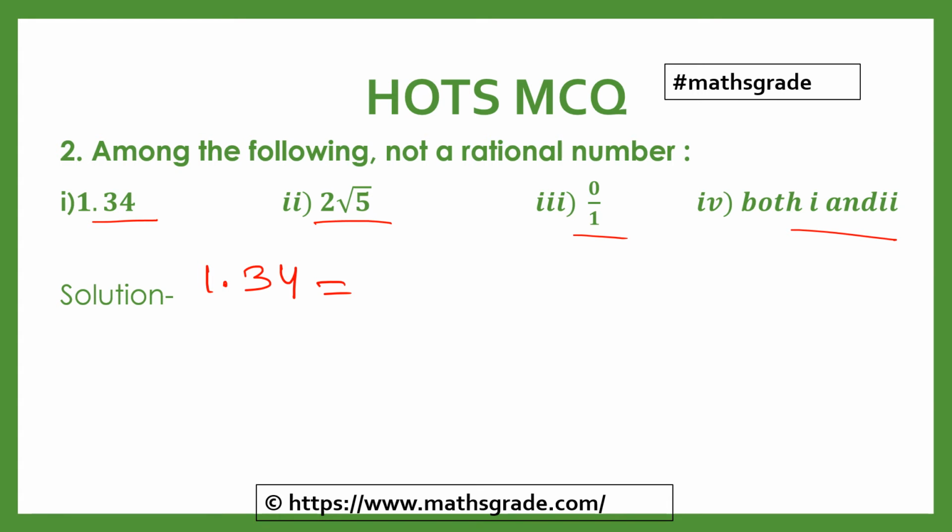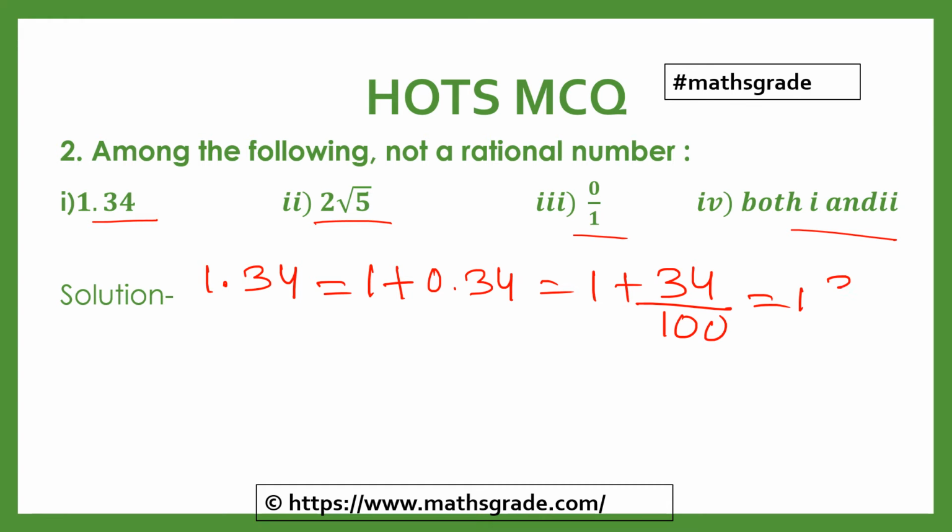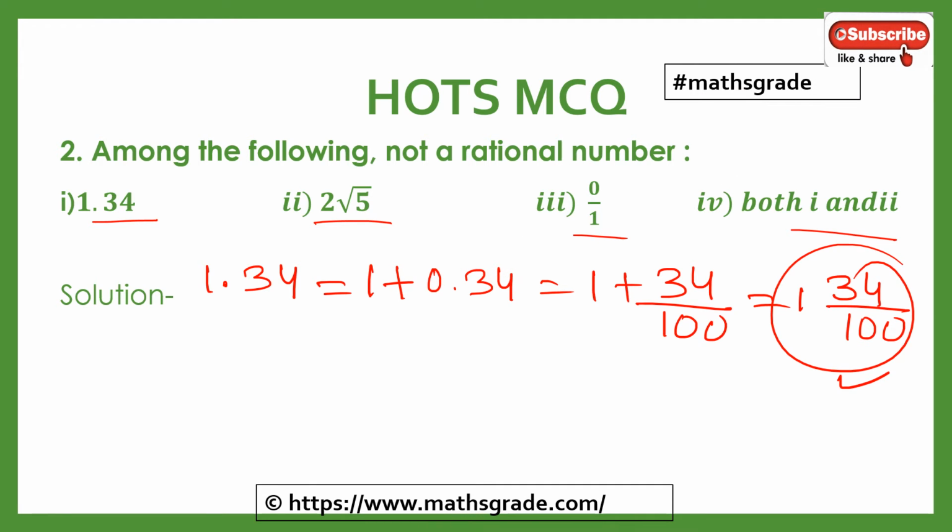We can write this number as 1 plus 0.34, which is 34 divided by 100. After the decimal point there are 2 digits, so you have to place 2 zeros with 1. So this will be 1 plus 34 divided by 100, and this is a rational number.